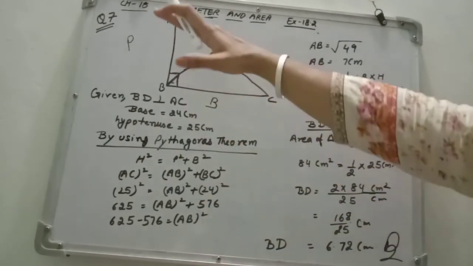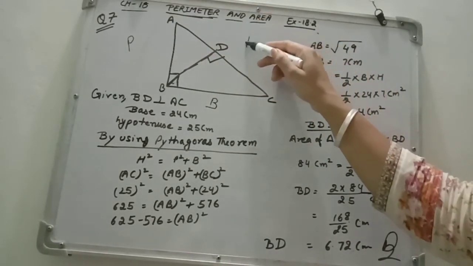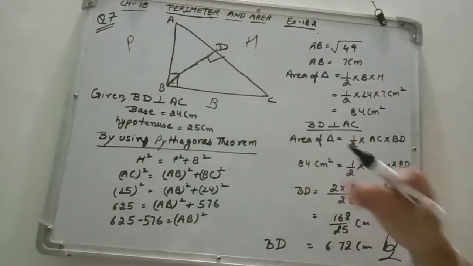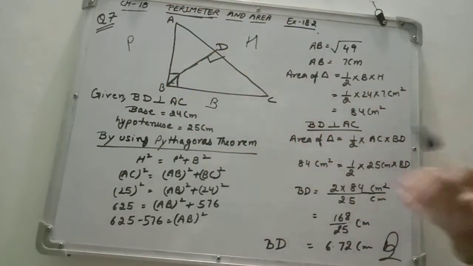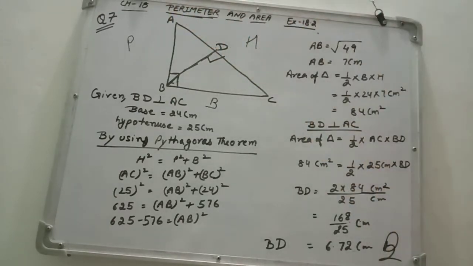And this longer line is called the hypotenuse. Clear? This one is called perpendicular, this one is called base, and this long line is called the hypotenuse.